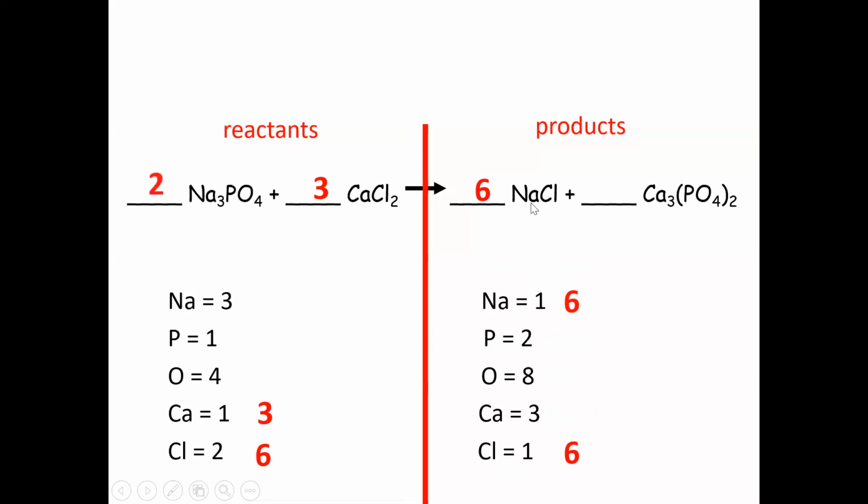So to balance your number of sodiums, you would put coefficient 2 in front of sodium phosphate. 2 times 3 for the sodiums would be 6, but now that doubles the number of phosphorus from 1 to 2 and the number of oxygens from 4 to 8. Now your equation is balanced because you have 6 sodiums on both sides, you have 2 phosphorus on both sides, you have 8 oxygens on both sides, 3 calciums on both sides, and 6 chlorines on both sides.